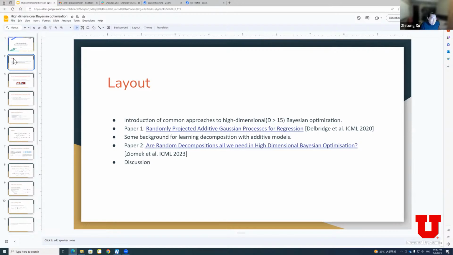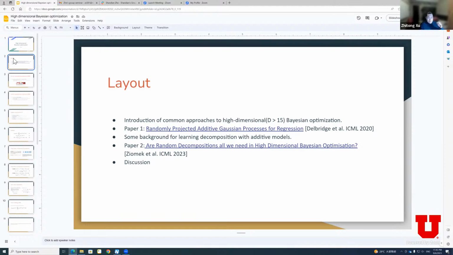For the layout today, I will first give an introduction of the common approaches to high-dimensional Bayesian optimization, and then we can dive into the first paper. Although it is a paper on Gaussian process regression, I think it's interesting and has a lot of insights for Bayesian optimization.